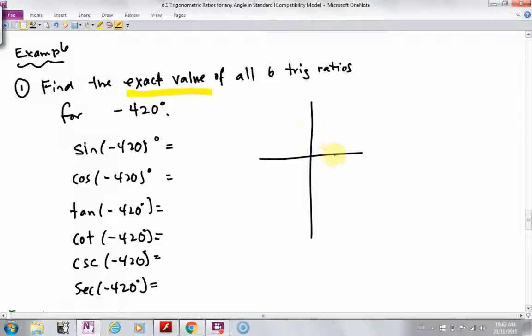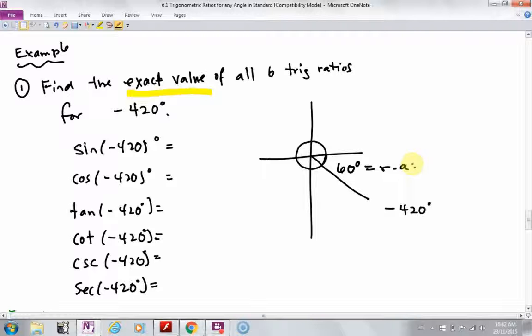Quadrant 4, so we're going to go around 1 time, which is 360, and then we need to go another. How far? What's that reference angle there? Henrik? 60 degrees. So we have a reference angle of 60 degrees. And that's important. We need to know those 2 things. We need to know which quadrant and what reference angle we're talking about.